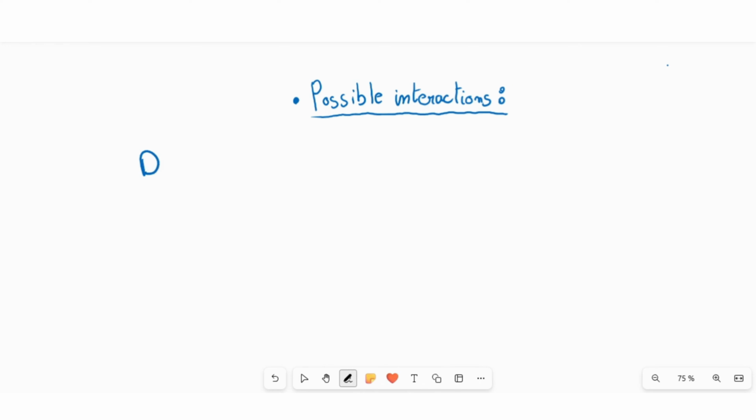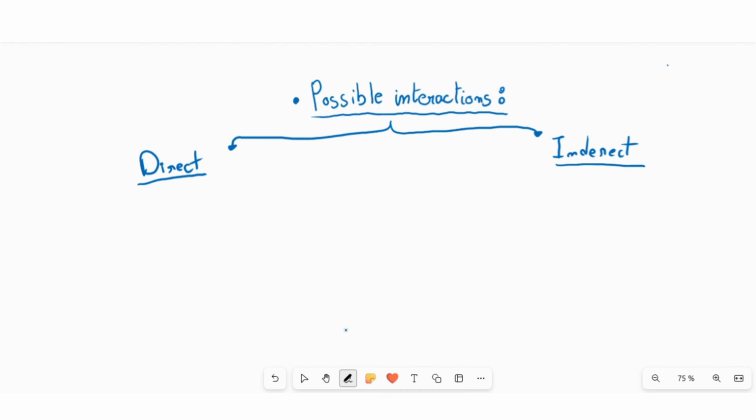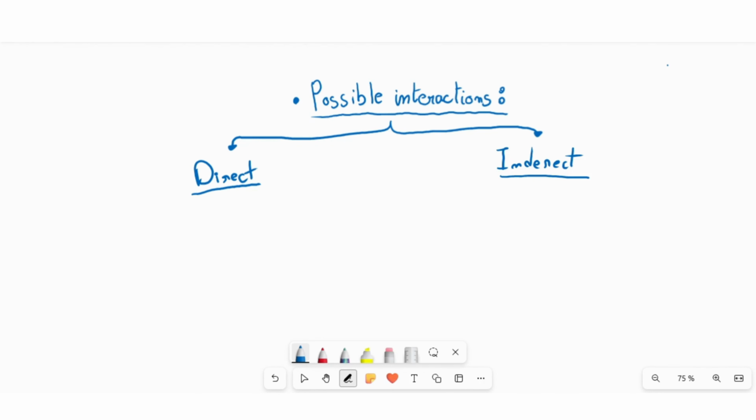There are two: the direct and the indirect. As I'm explaining, I'm going to try to give easier to understand examples, and then we're going to return to how the plant plays into all of this. These interactions can either be positive or negative, same as the indirect.